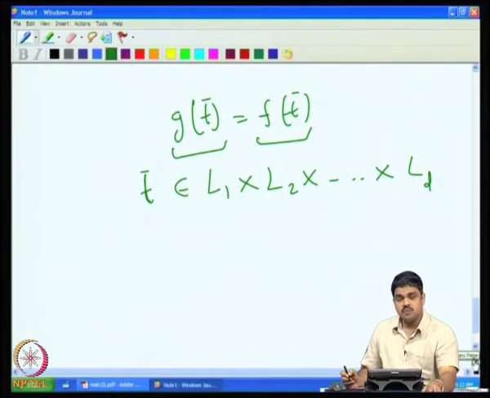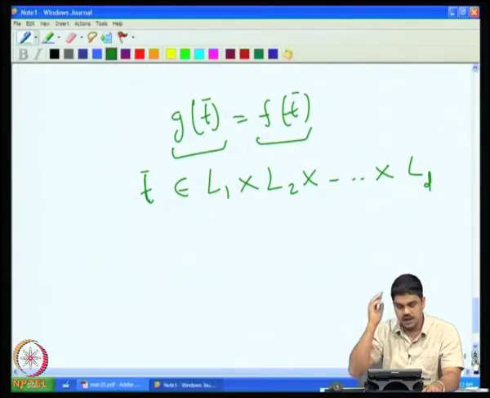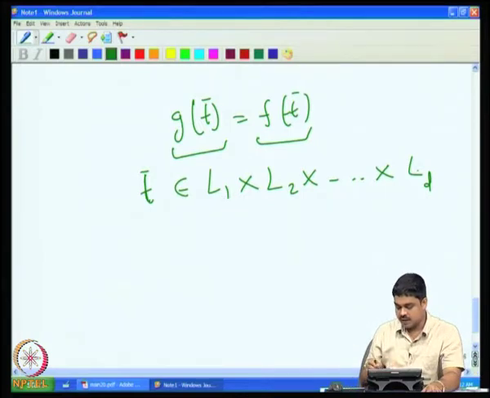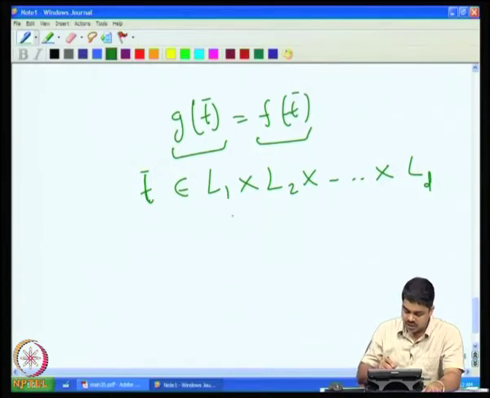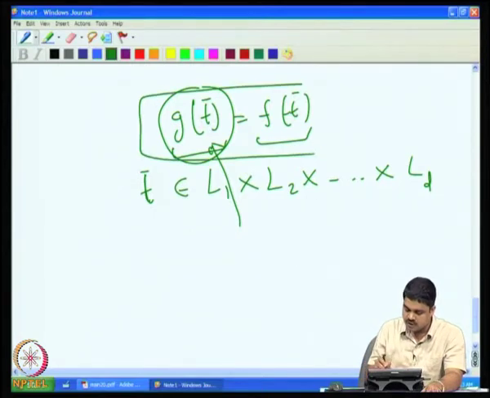So, in other words, to show that f of t can become non-zero for a selection of values from L1, L2, up to Ld for the corresponding variables, we only have to show that g will become non-zero for a selection of values where xi gets a value from Li, because for such values they are the same, right.